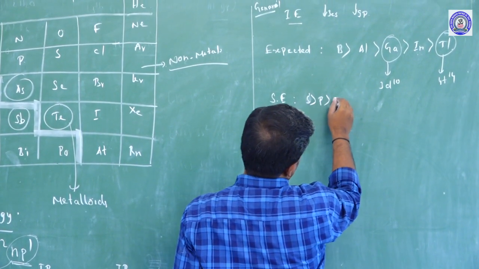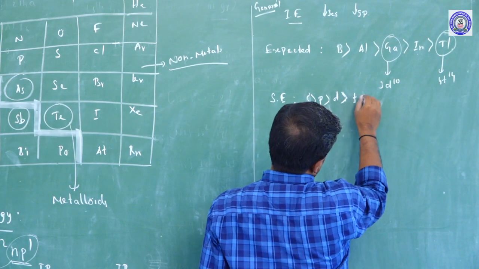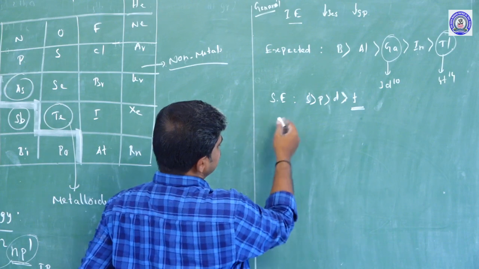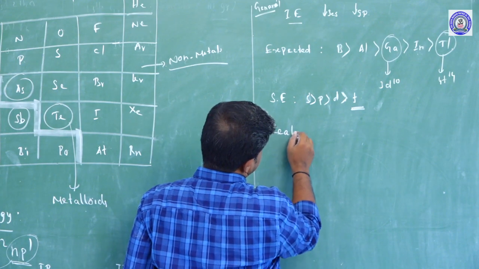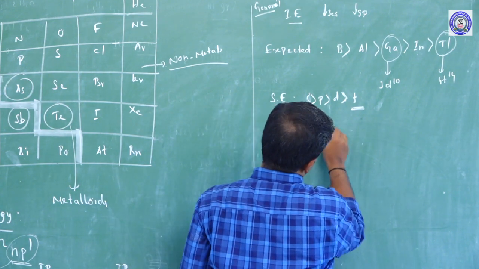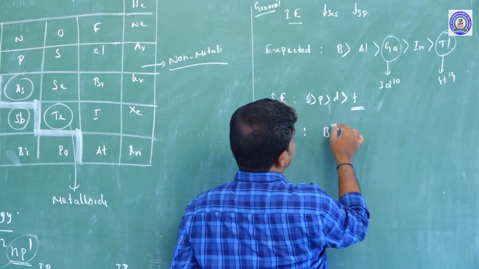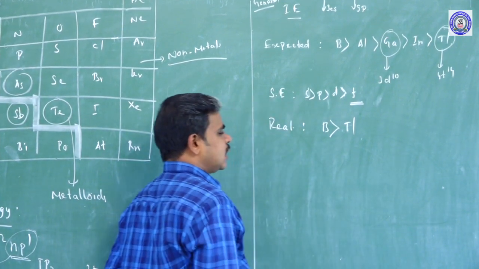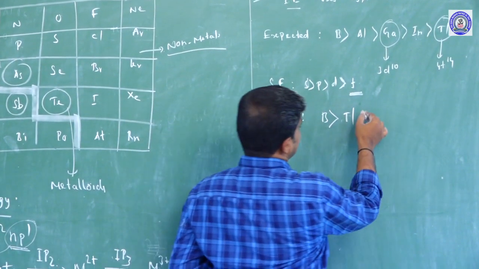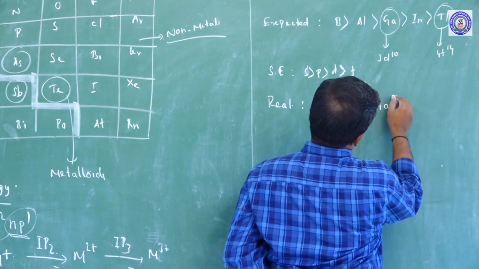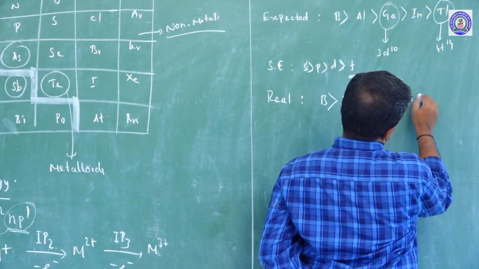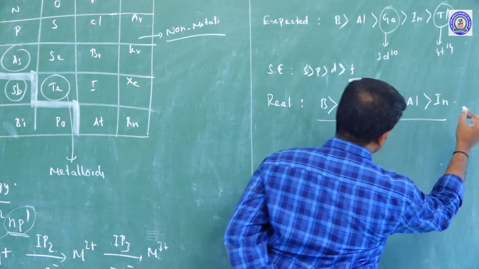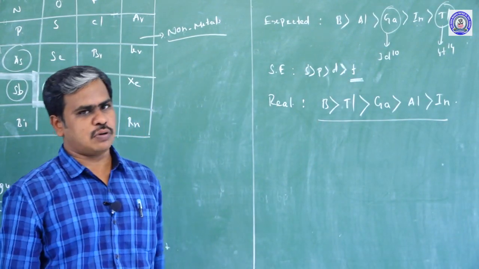S, P, D and F, so F has a poor shielding effect. So the order is changed. The real order is first boron, and after that thallium, then gallium, aluminum and indium. So it is the correct order of ionization potential.